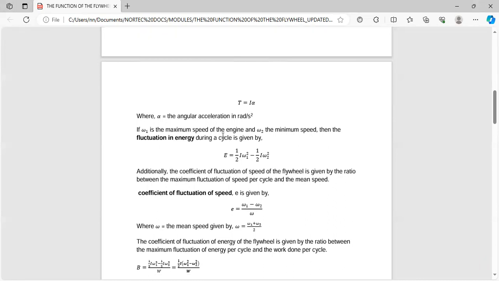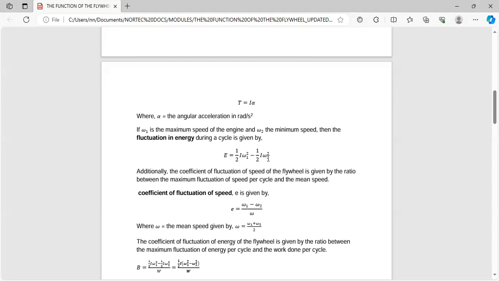Now, this means that if you want, you can even factorize half I, then in the brackets you have omega-1 squared minus omega-2 squared. Then apart from fluctuation in energy, we also have the coefficient of fluctuation of speed.